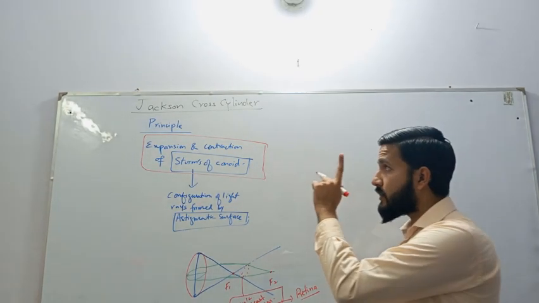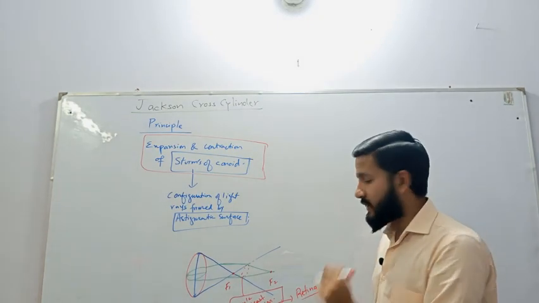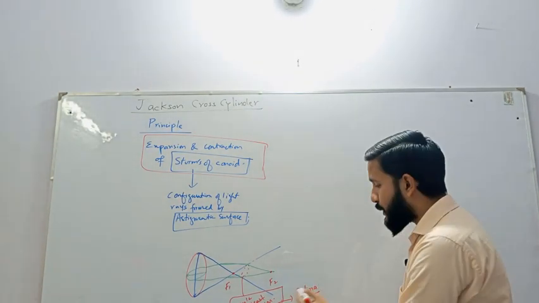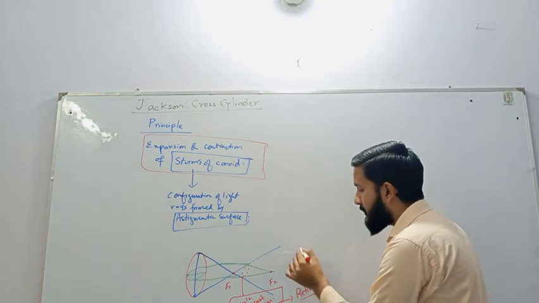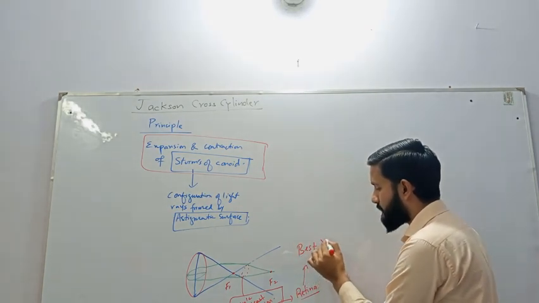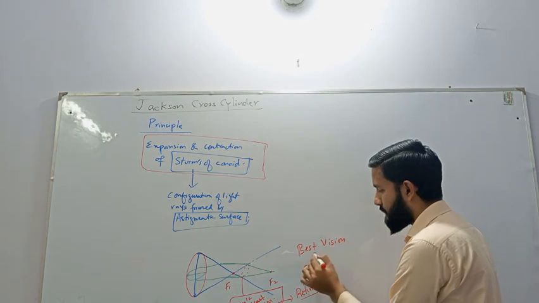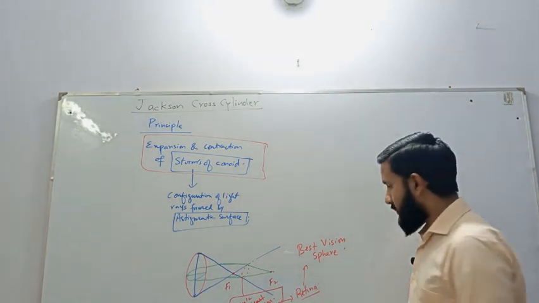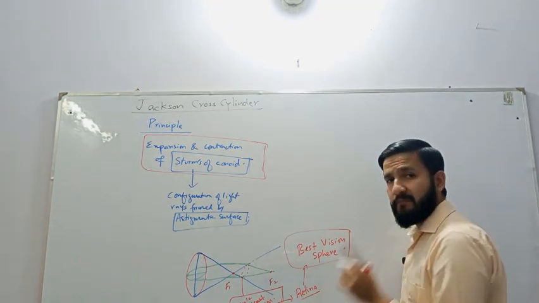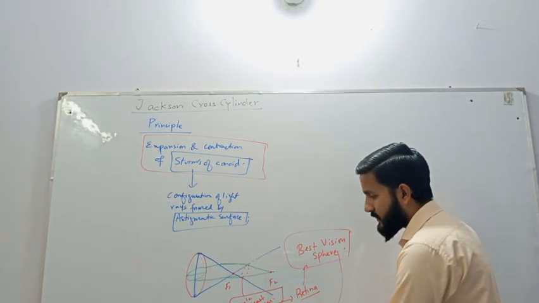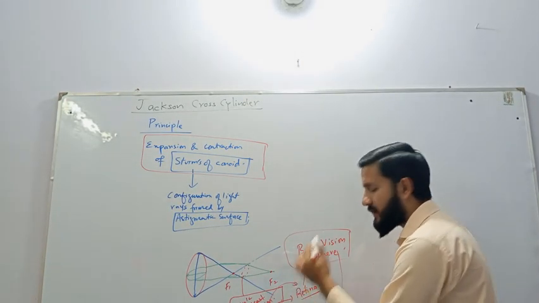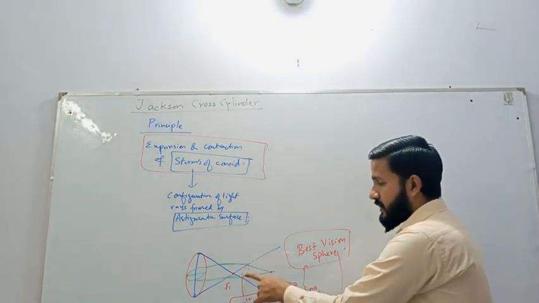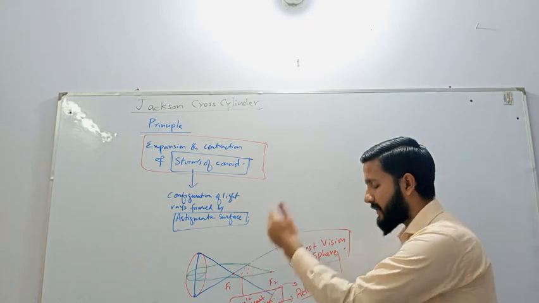So before doing Jackson Cross Cylinder, you must put the circle of least confusion on the retina, and you can do this by finding out the best vision sphere. So first you will find the best vision sphere, and we assume that the best vision sphere puts the circle of least confusion on the retina.